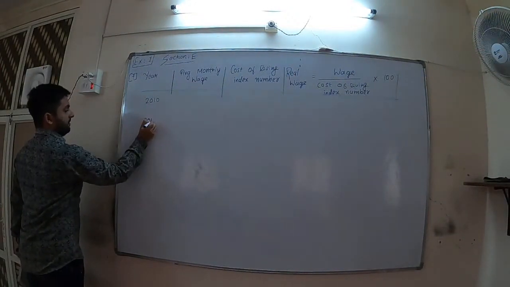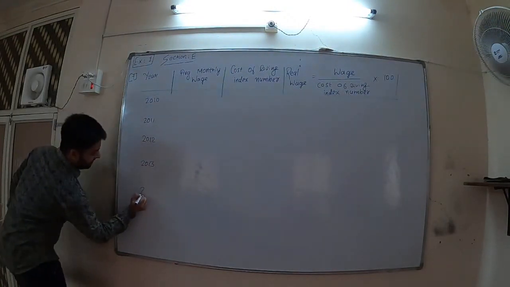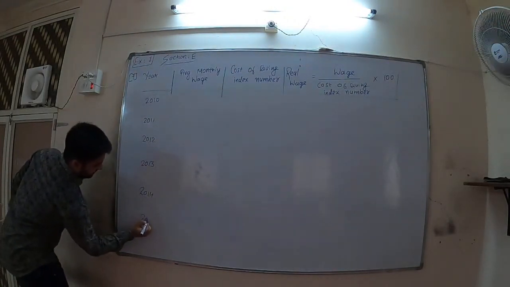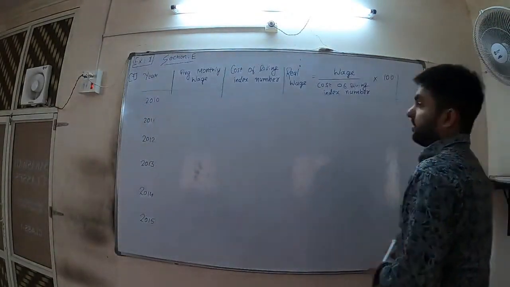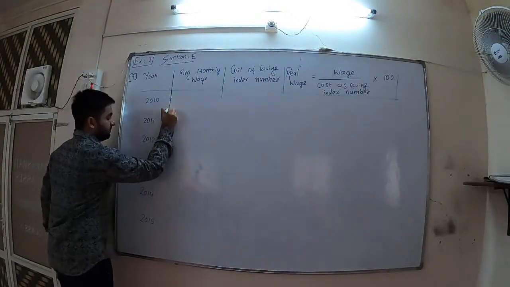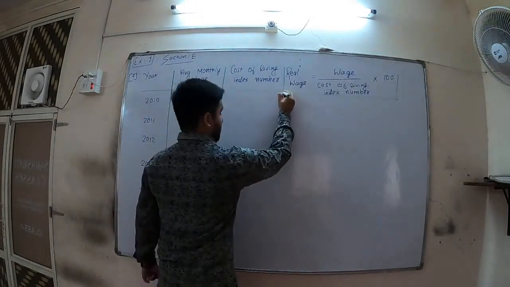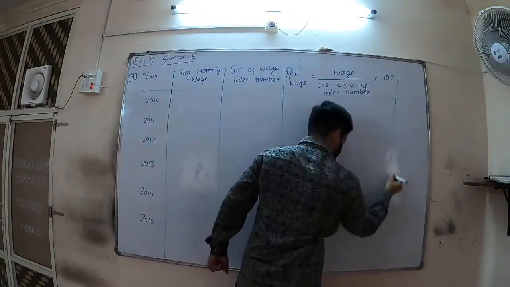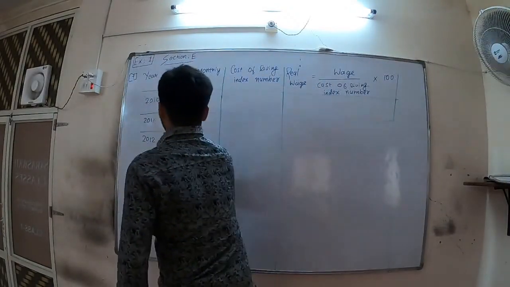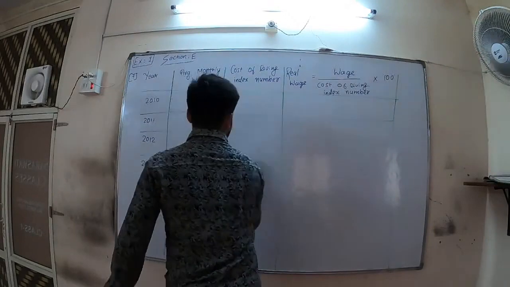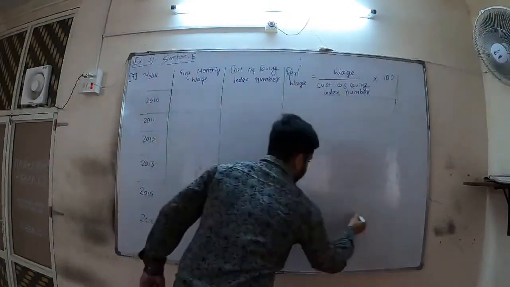10, 11, 12, 13, 14, 15. Drawing the lines. These types of sums are very easy. Everybody can get marks from this sum.